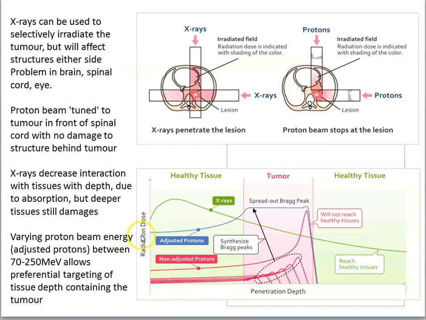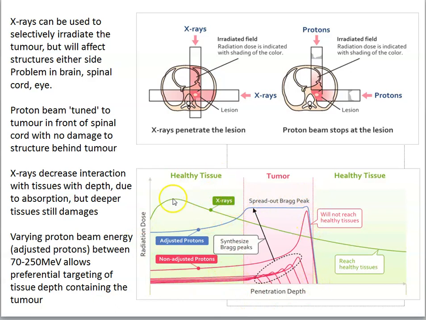We can have healthy tissue, the protons come in through healthy tissue. Yes, they will interact to some extent with the healthy tissue. They will preferentially interact at a certain tissue depth, and what we can do is have very high energy protons which will interact at deeper tissue depths, and then repeat the procedure at lower energies and get this spread out Bragg peak effect from multiple sets of protons at multiple different energies, so that the tumour is this region here which has been irradiated.